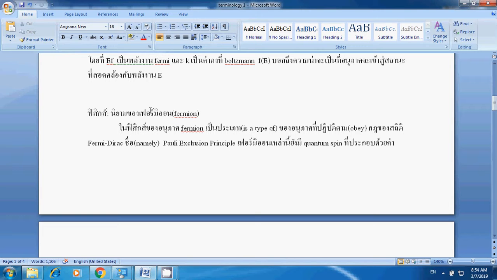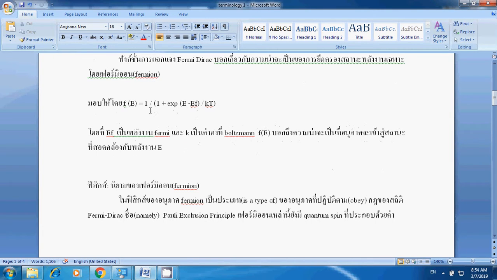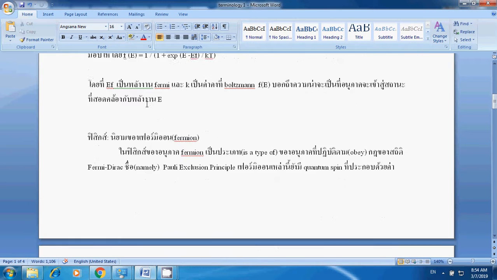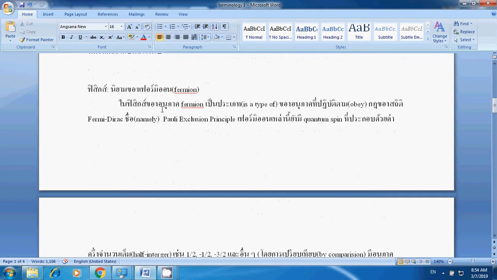And for the physics definition of fermion, you're probably wondering, what is a fermion? In particle physics, a fermion is a type of particle that obeys the statistical law of Fermi-Dirac, namely the Pauli exclusion principle.